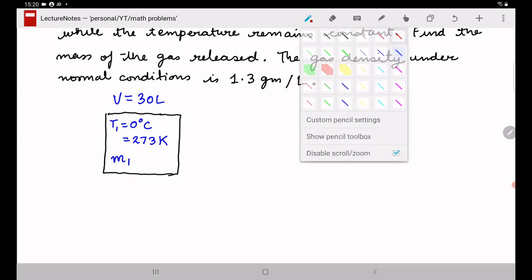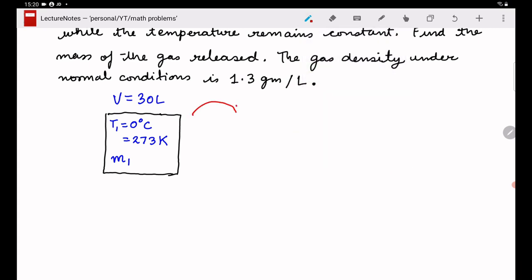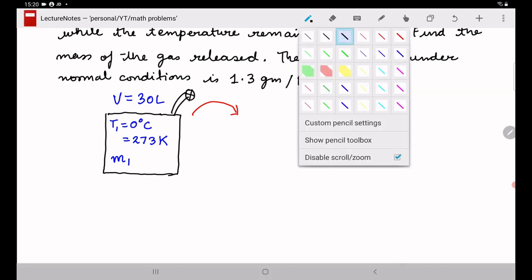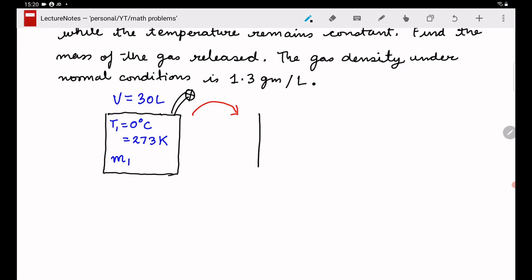Now, some of the gas from this vessel is allowed to escape. So I already drew out the initial condition, and now let us move on to the final condition. The volume is the same.